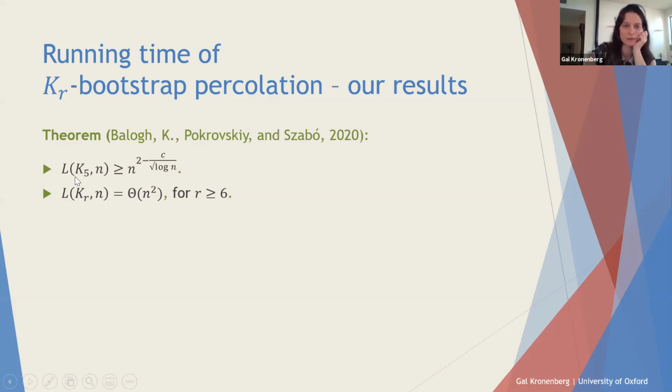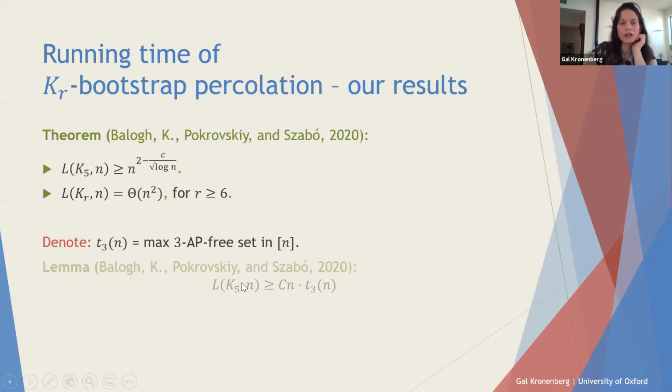So we have some 3-term arithmetic progression which we want to avoid. If we denote by T3(n) the maximum possible 3-term arithmetic progression free set in the vertex set 1 to n, the lemma that allowed us to prove the first result is that the length of the K5 bootstrap percolation is some constant times n times the size of this maximum 3-term arithmetic progression free set.